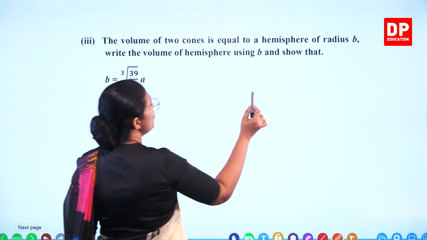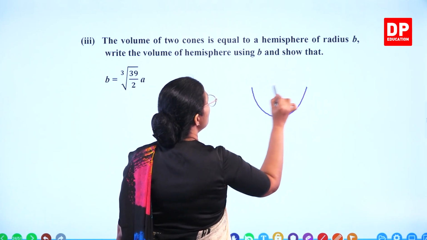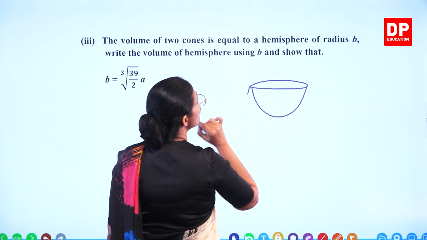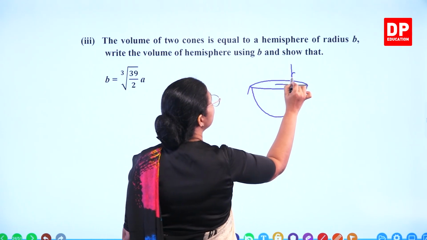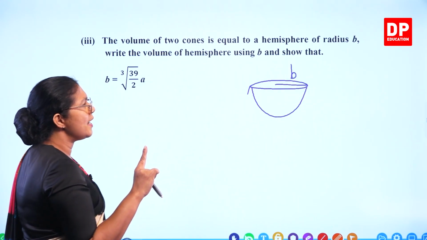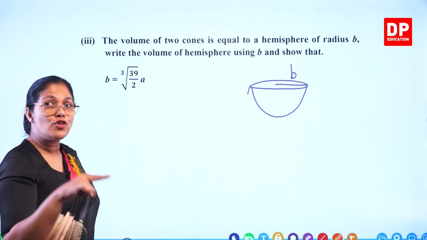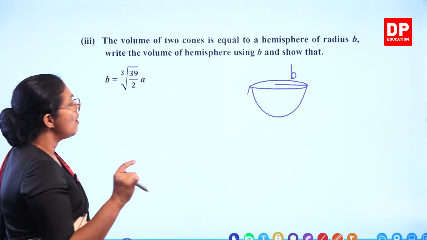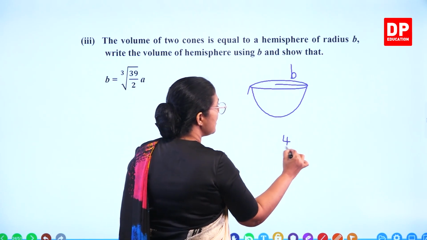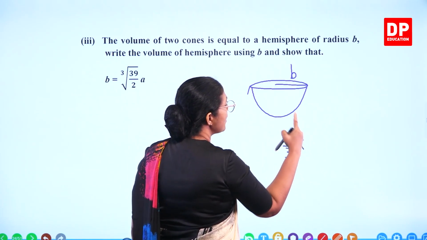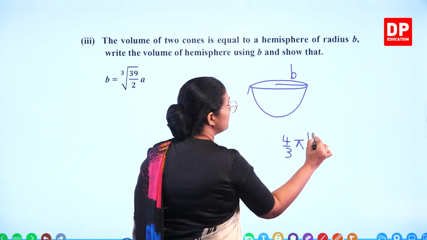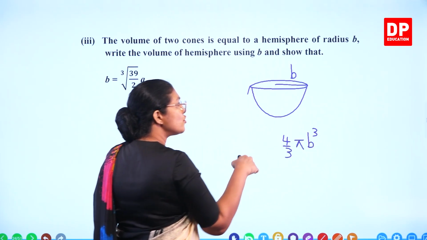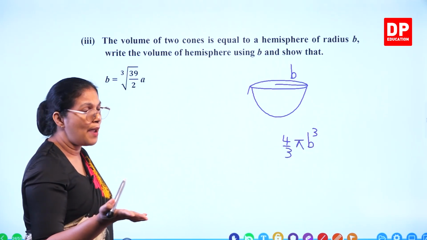That's equal to the volume in the hemispherical shape with radius B. So what is the volume there? So when you take the full sphere, you get 4 over 3 pi r cube. So B cube. But you have to divide by 2 to get the hemisphere.